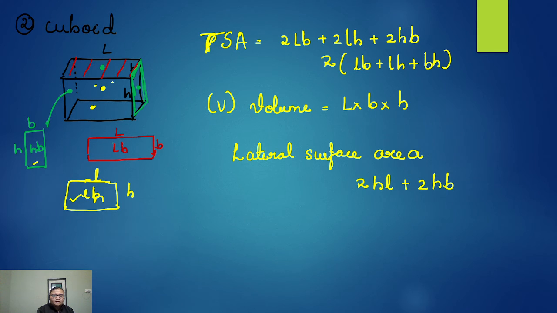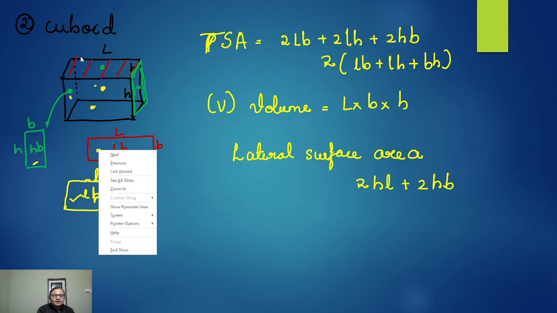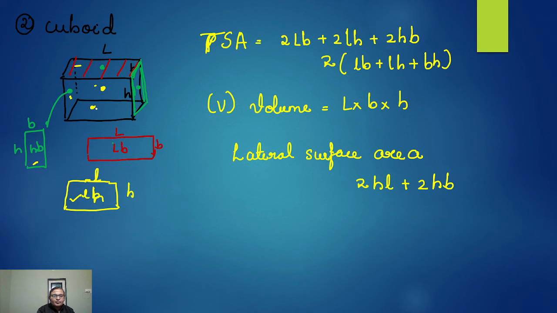It considers only the side faces. Lateral surface area does not include length into breadth, that is, it does not include top and bottom. It only covers the outer surface.